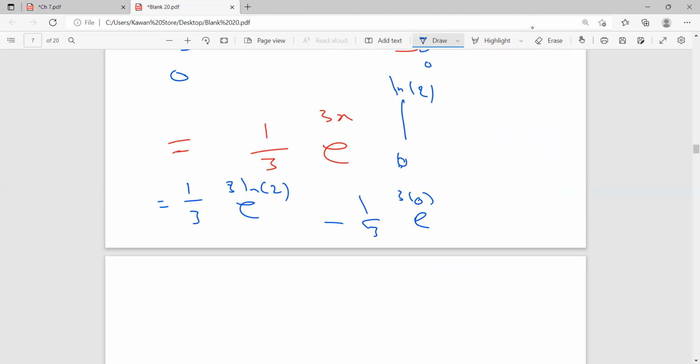And e to power 0 is equal to what? Number to power 0 is equal to 1. So I'll get 1 over 3 e to power 3 ln of 2 minus 1 over 3.